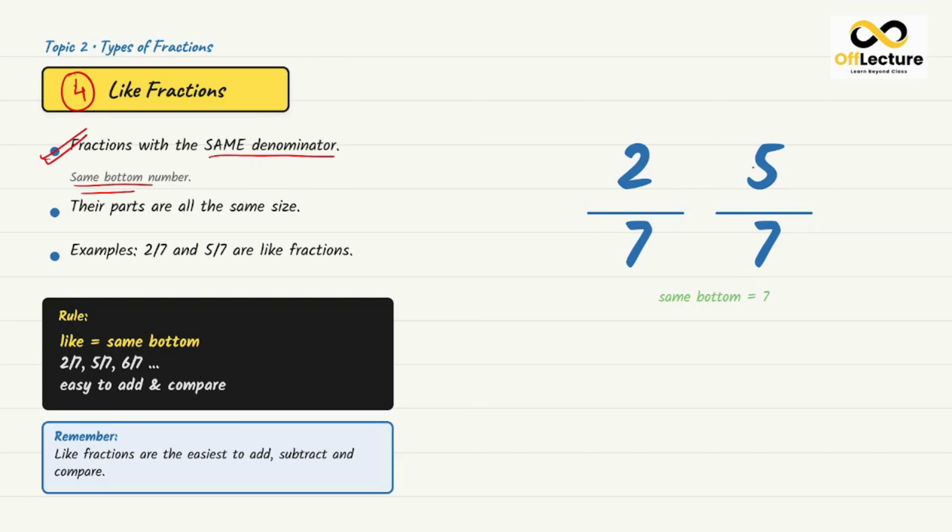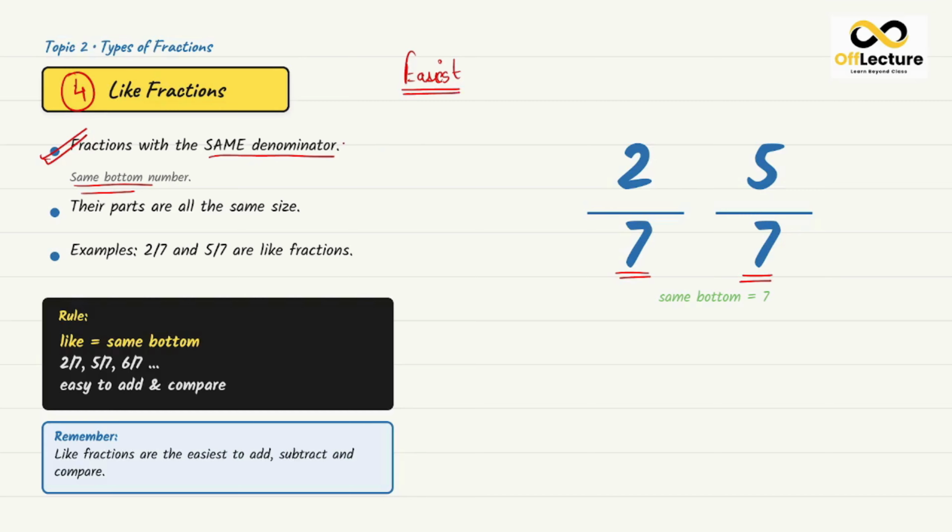Both have 7 as the denominator, so they are like fractions. Adding, subtracting and comparing them is the easiest. It is easiest to compare these kinds of like fractions.